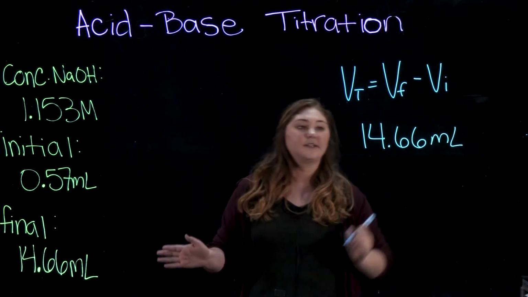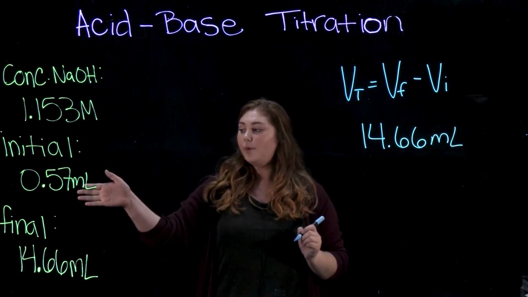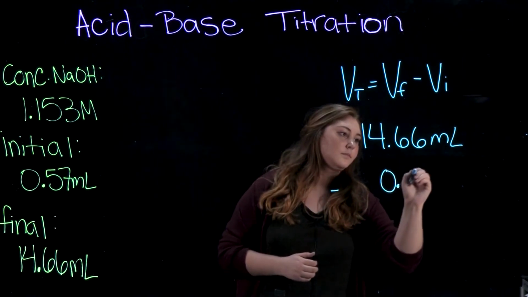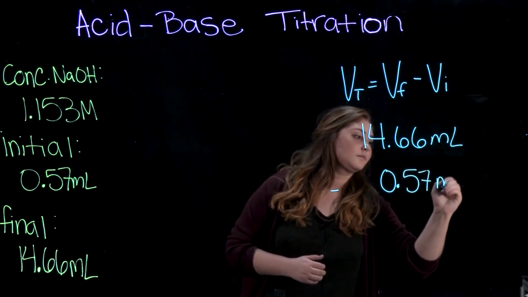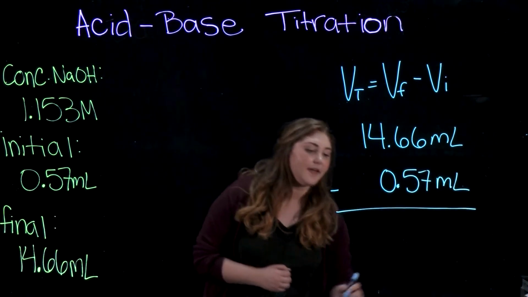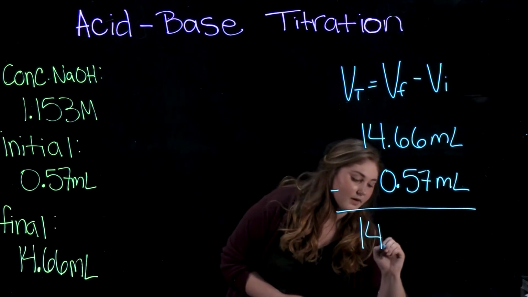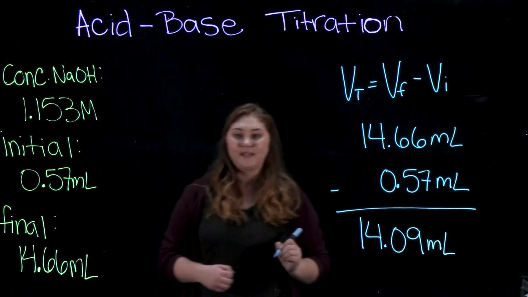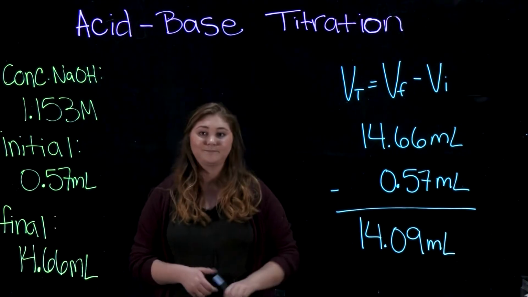I would then subtract my initial volume, which was 0.57 milliliters. Once I do this calculation, I can see that I've added a total of 14.09 milliliters of NaOH to my sample in order to titrate completely.